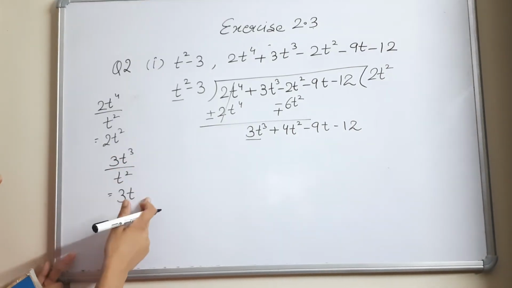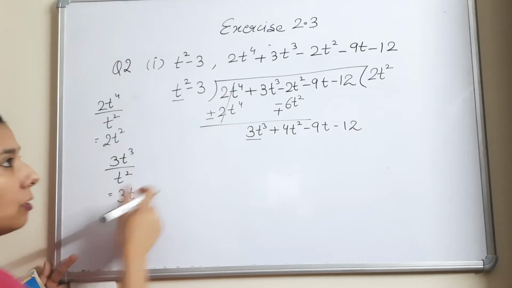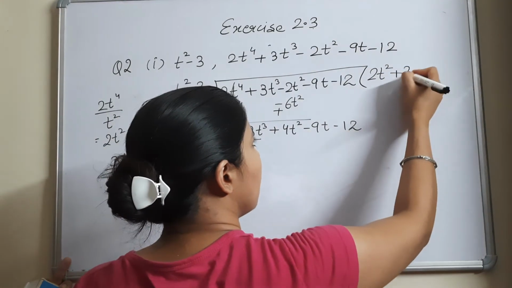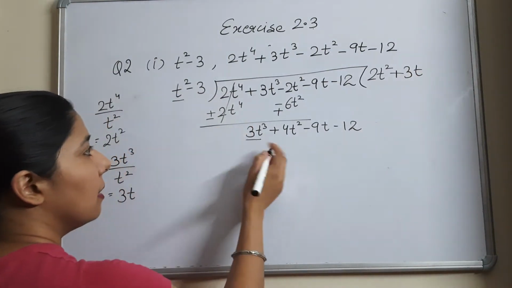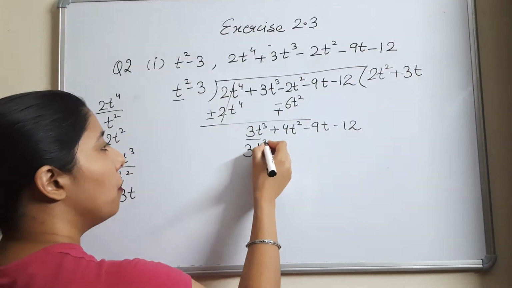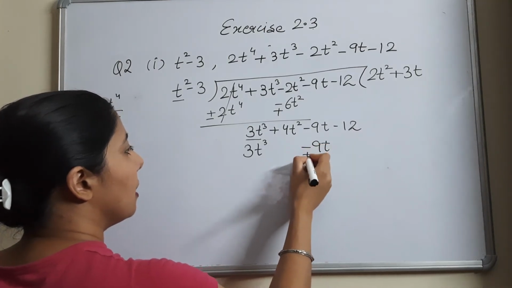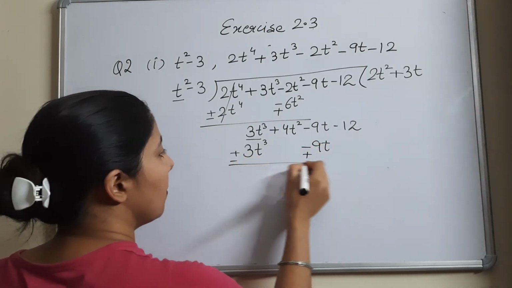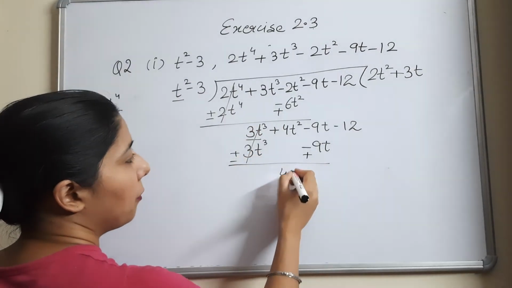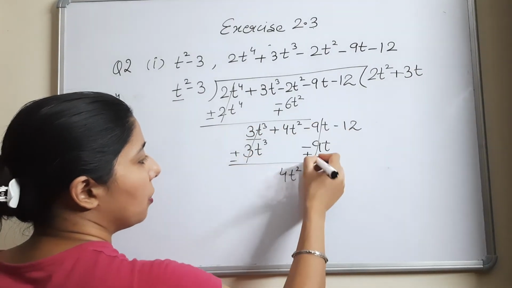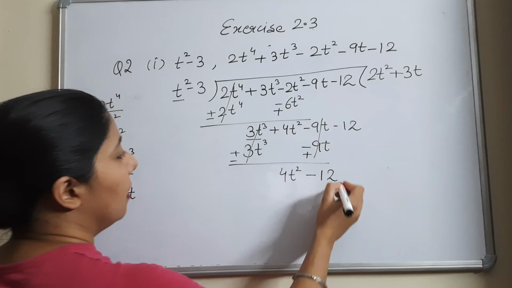This is just a simple exponent calculation. So the next term is plus 3t. Now multiply this here. It will be 3t cube minus 9t. Now change the signs. It cancels out. You are left with 4t square, minus 12.